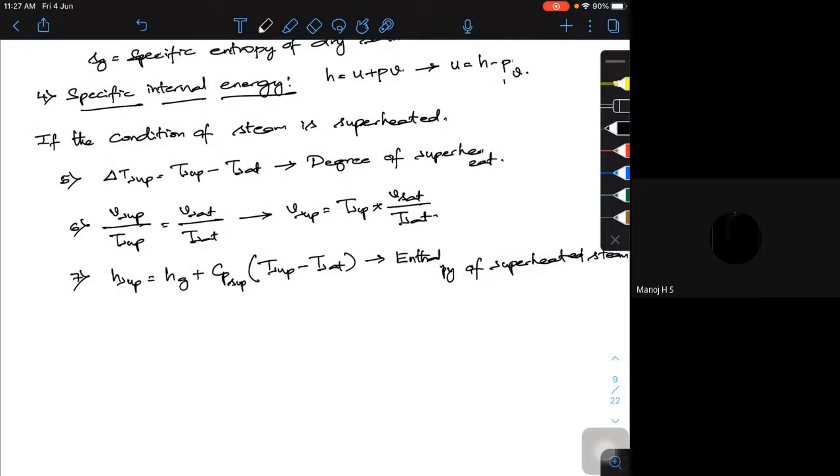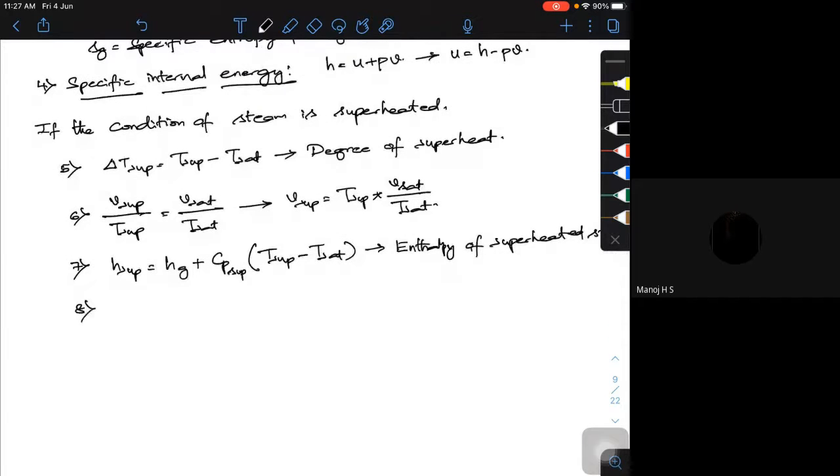Then the last one, the entropy of the superheated steam. If I want to find it, that will be equal to Sg plus Cp into log of T sup by T sat. You don't use Cp of the liquid water, you have to use Cp for the steam.